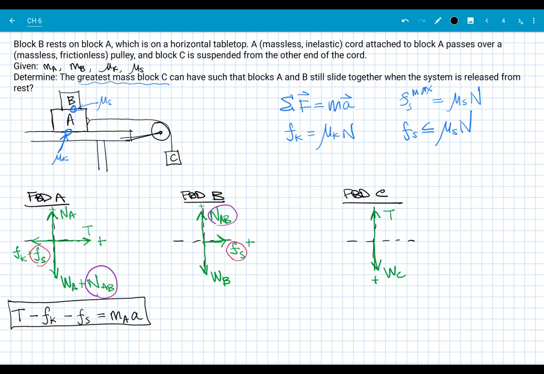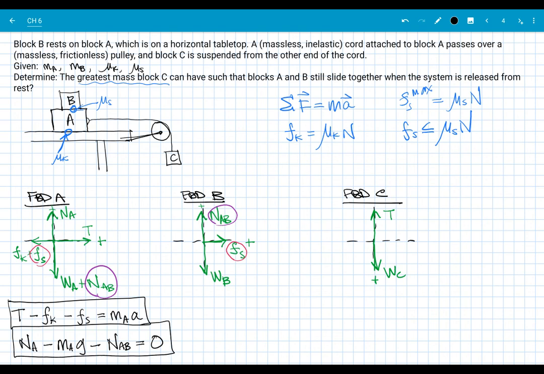And then I'm going to go ahead and write out the y equation while I'm still focused on this free body diagram. N sub A minus the weight of A. Actually, I'm going to go ahead and pop in the magnitude of A right now because we're given it: m sub A times g minus the normal force AB is equal to 0. I don't have any acceleration along the y-axis.